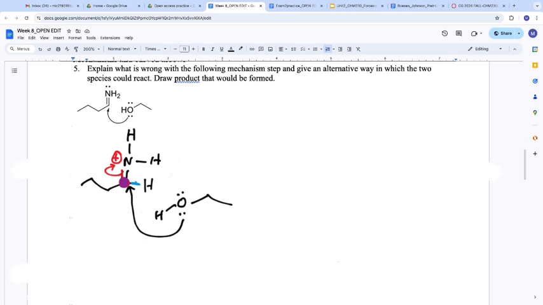So what happens is a potential product out of this, and then that's where we'll end. The oxygen, having shared its electrons, will now become positively charged, and you've now shifted where the positive charge appears.